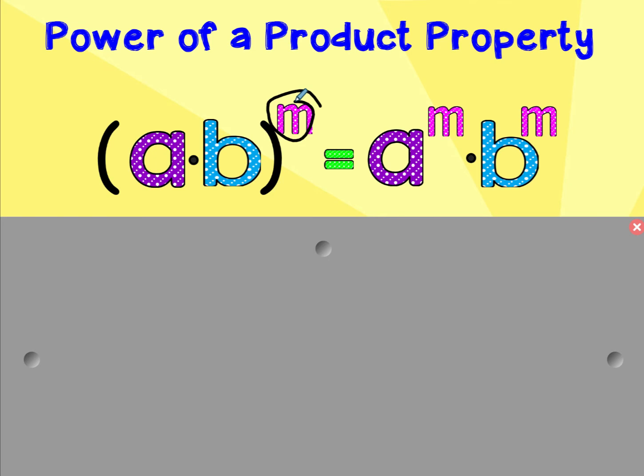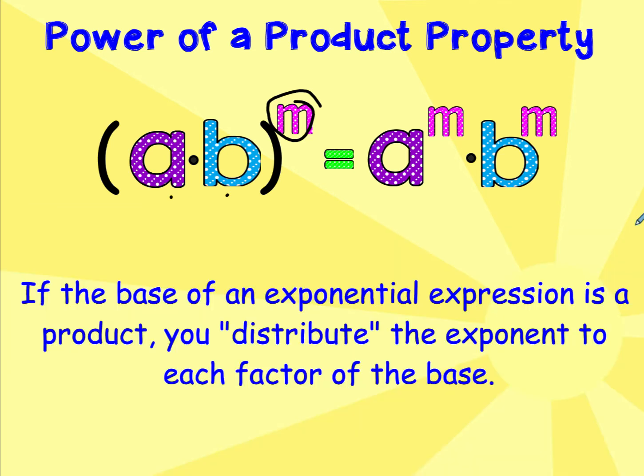Each individual factor in the base receives that exponent. So if you were to say this in words, if the base of an exponential expression is a product, or again its inverse, a quotient, you distribute the exponent to each factor of the base.